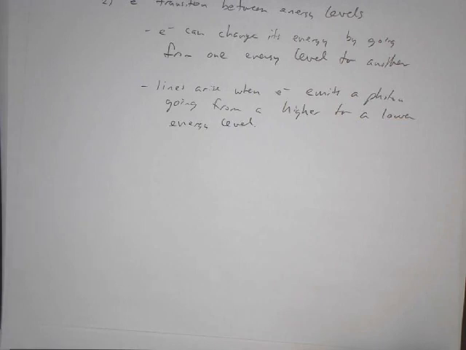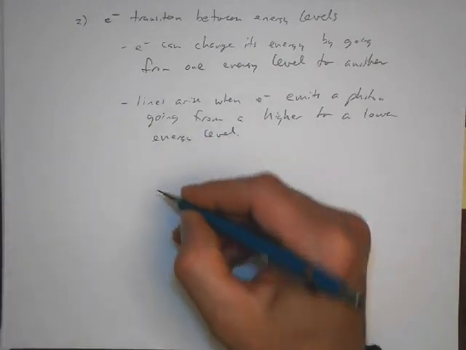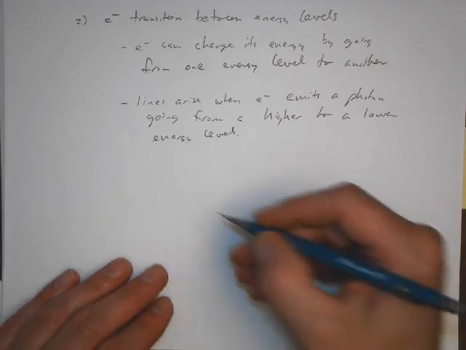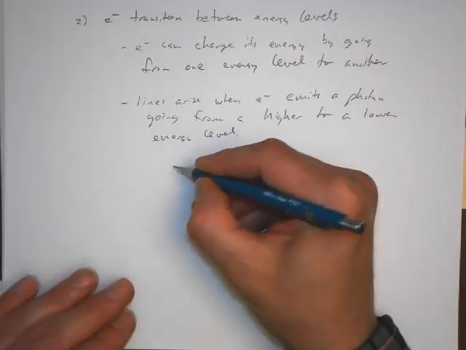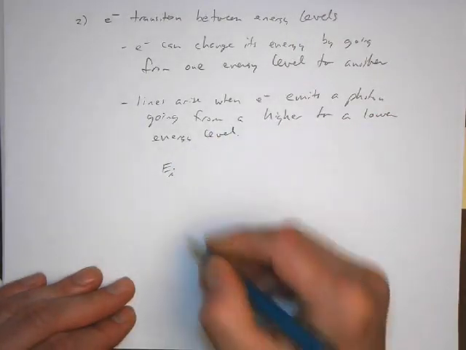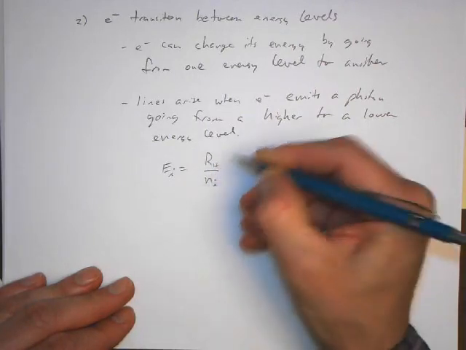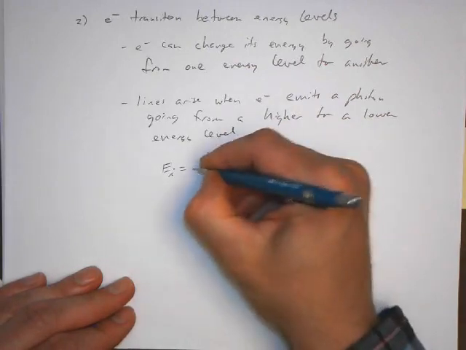Let's go back now and look at how we might calculate the energy of these things. Here's an example. Let's say we have an electron that's going from a higher energy level to a lower energy level. Some initial energy level is going to be given by the Rydberg constant over the initial quantum number.